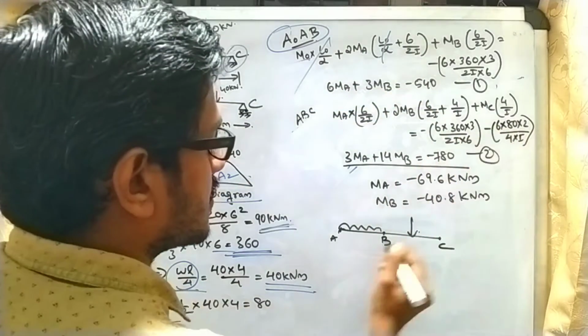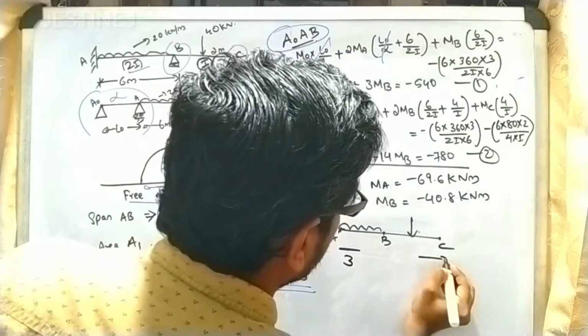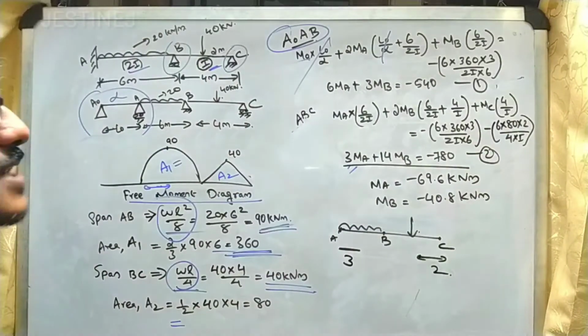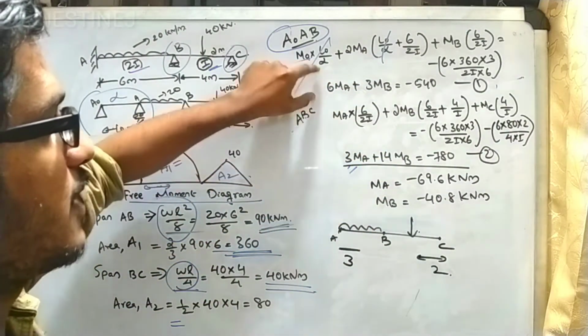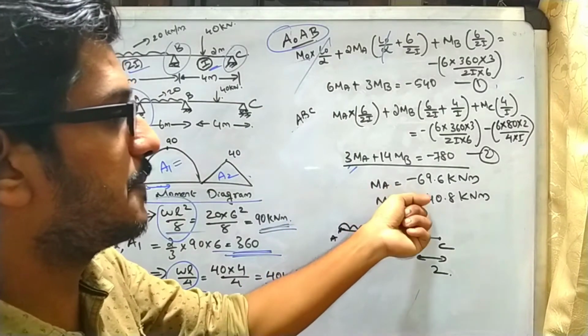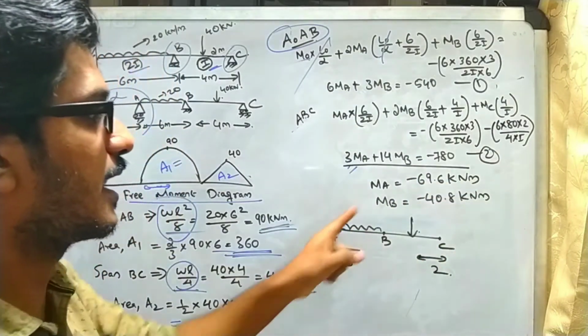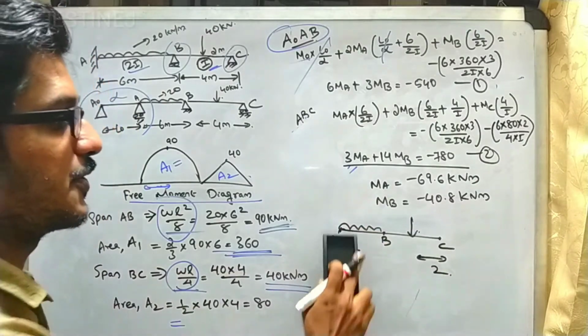Here the center of gravity distance is taken as 3, and here as 2, and the rest of the steps remain the same. If you solve equations 1 and 2 using a calculator, you get Ma equals minus 69.6 kilonewton meter and Mb equals minus 40.8 kilonewton meter.